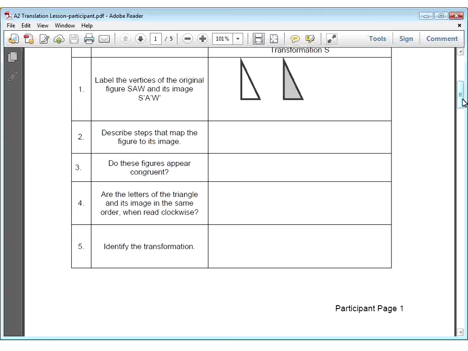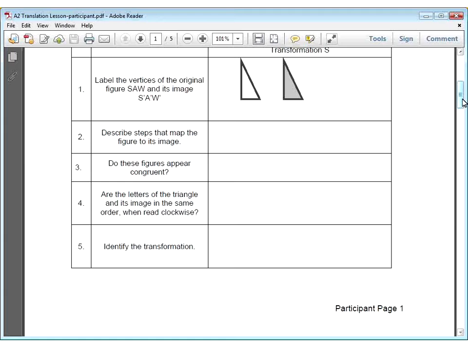It says, describe steps that map the figure to its image. What did you do on this one? What's another word for translation? You slid it, right. We're going to slide one figure onto the other. Do they appear congruent? What does congruent mean?